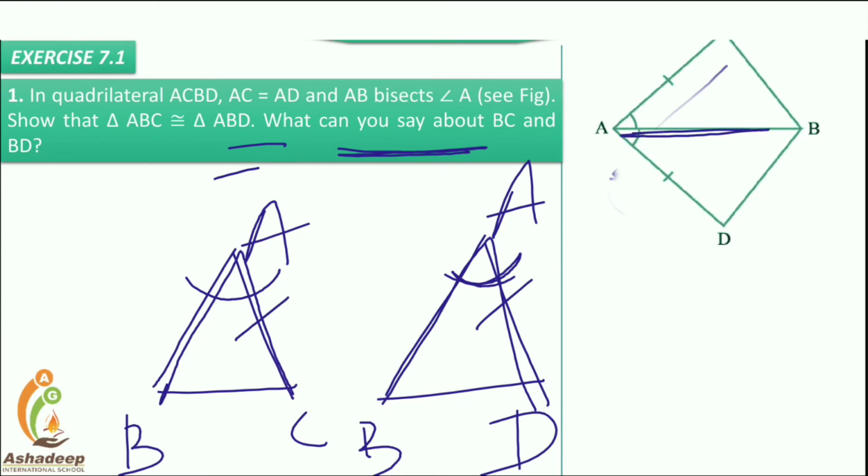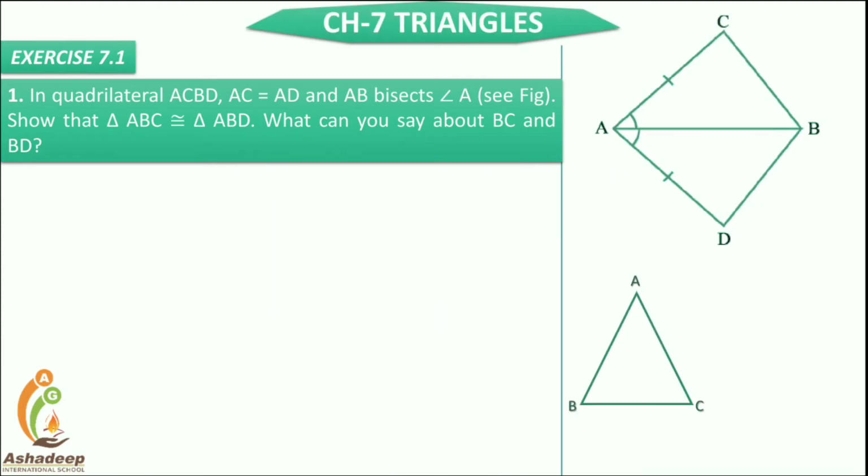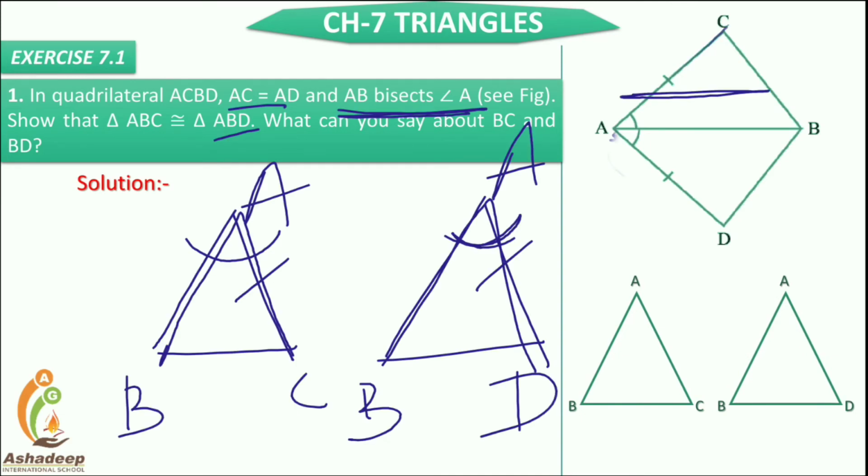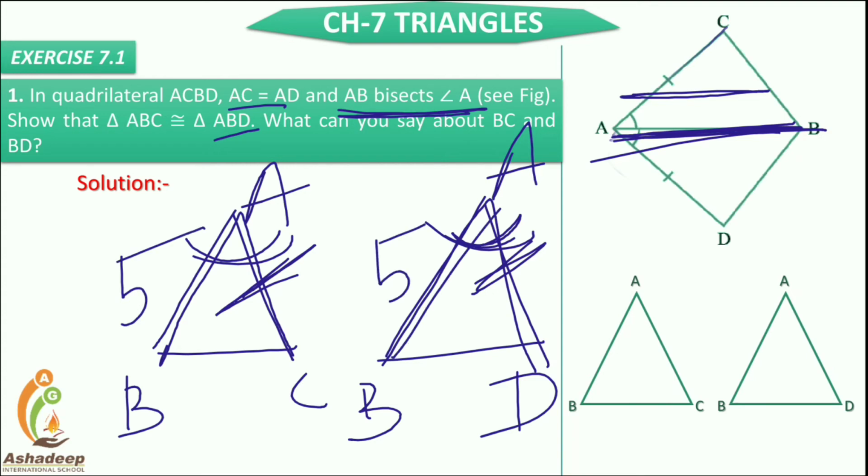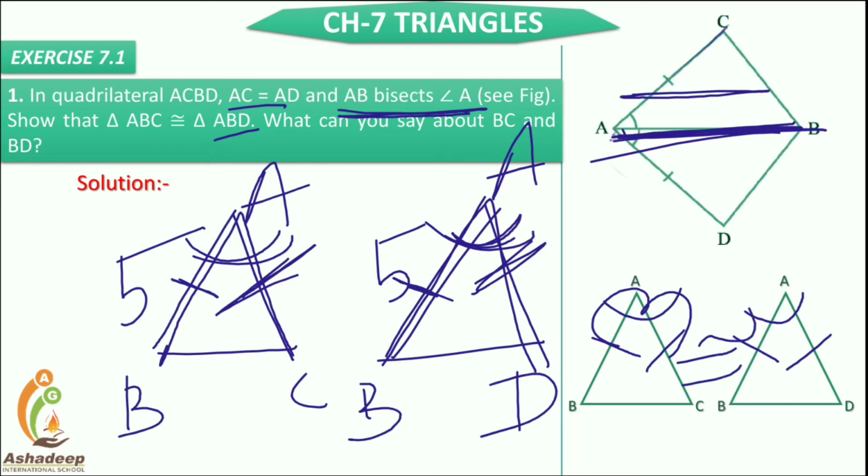See here, I have these two triangles. This side is equal, these angles are equal because AB is a bisector. Now here AB is common. If AB is 5 for this one, then AB will be 5 for this one too, because the base of both is the same. So this side is also equal. This side is equal, this side is equal, this angle is equal. That means by side angle side, both triangles are congruent.